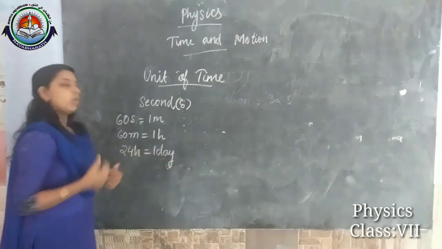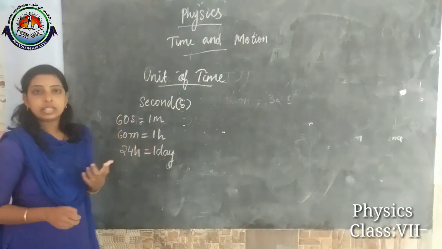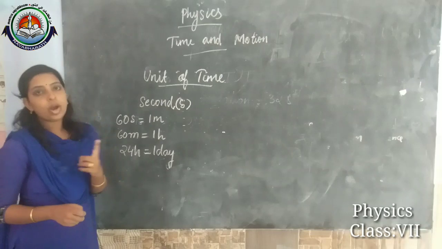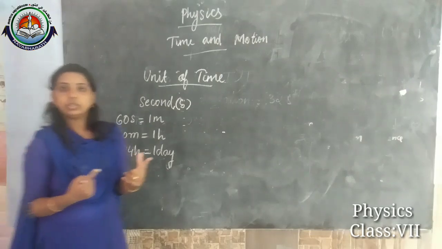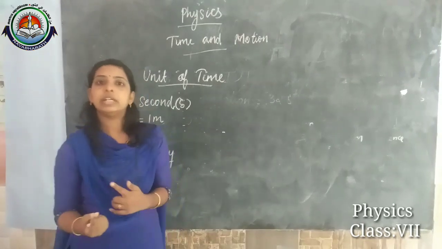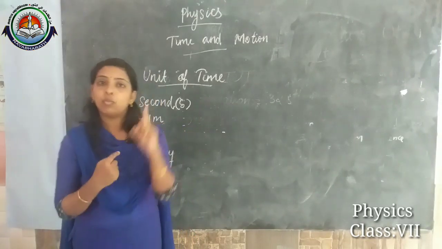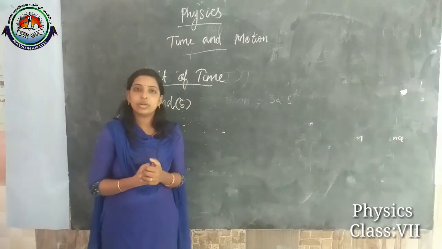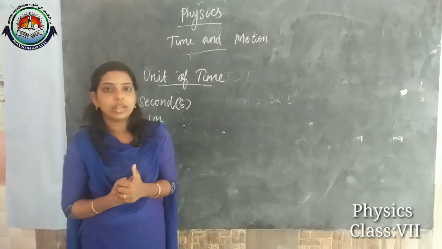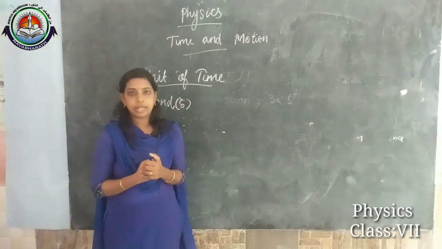And 30 days is equal to 1 month and 12 months is equal to 1 year. Then 10 years is equal to 1 decade, 100 years is equal to 1 century, and 1000 years is equal to 1 millennium.